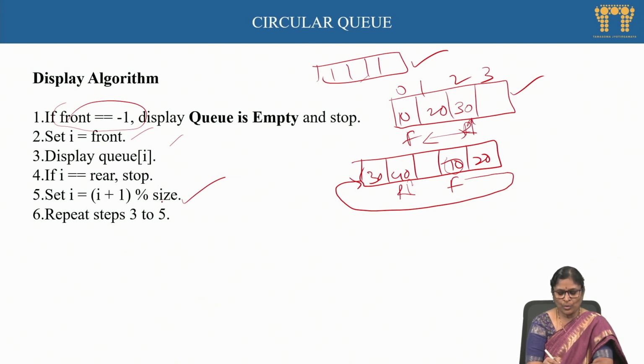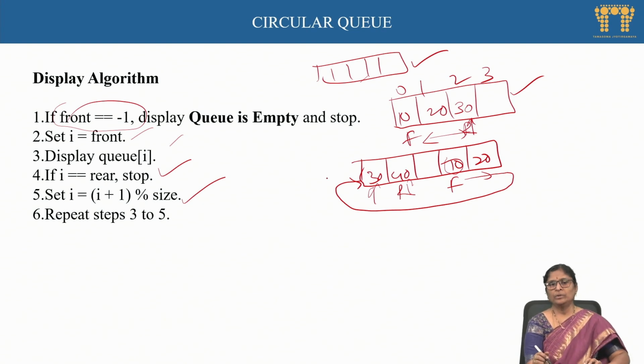If this is not true, you increment to the next element. Print 20. Again display the element, again increment, 30 will be printed. Again go to the next element and print 40. But in this particular case i is equal to rear, so stop this process whenever the element reaches the rear.